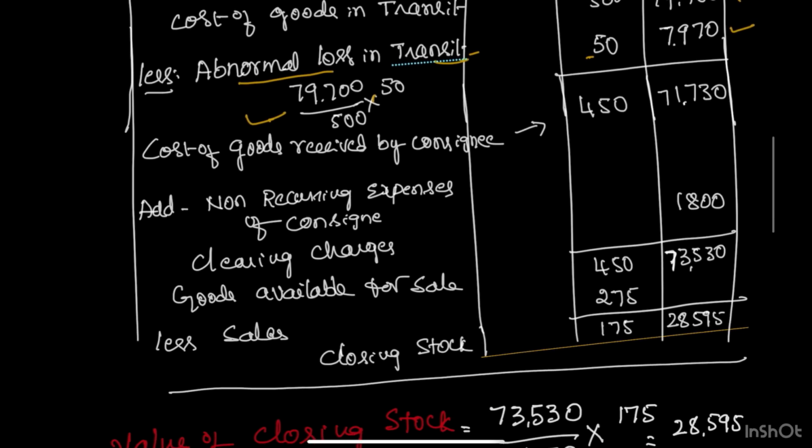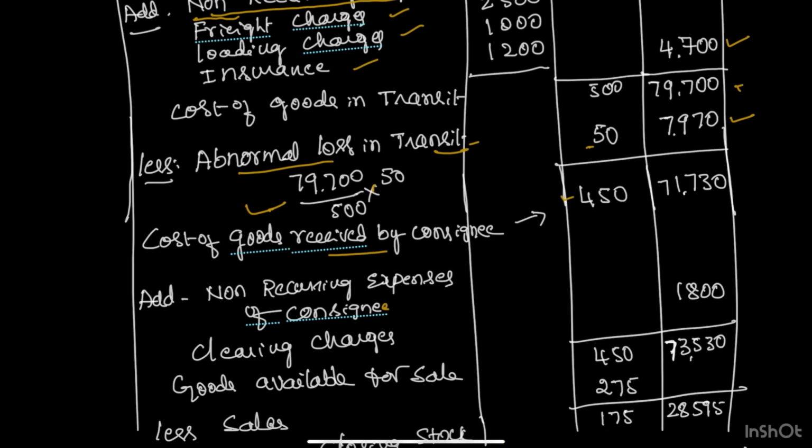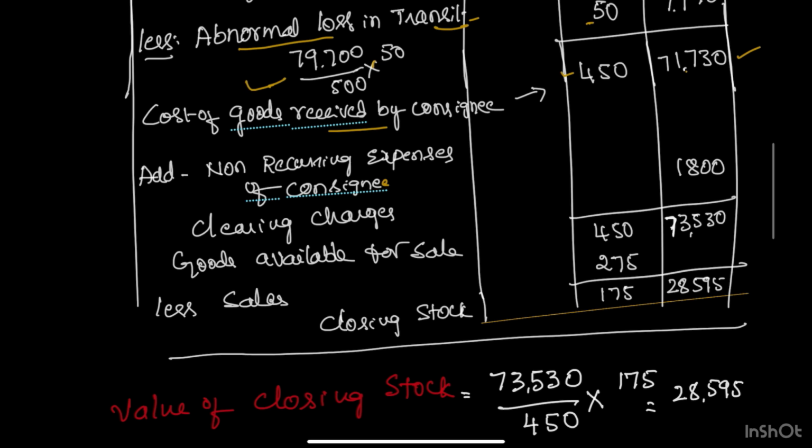And then we have to consider the cost incurred by the consignee also. This is the cost of goods received by the consignee. Out of 500, he has received only 450 cases, and the value of 450 cases is 71,730. For that, we'll add the non-recurring expenses of the consignee.